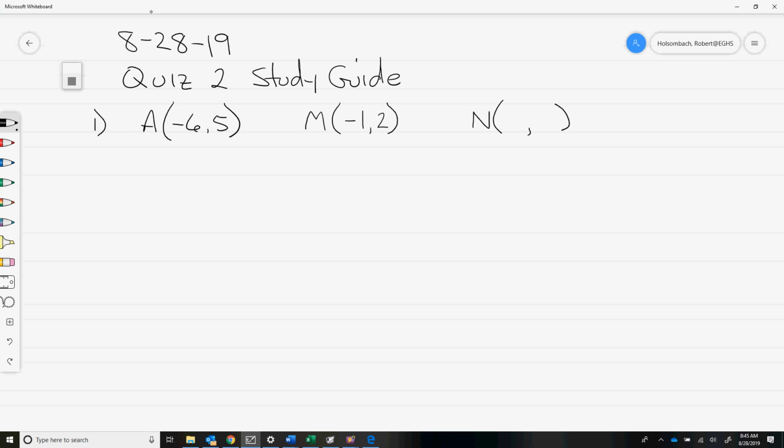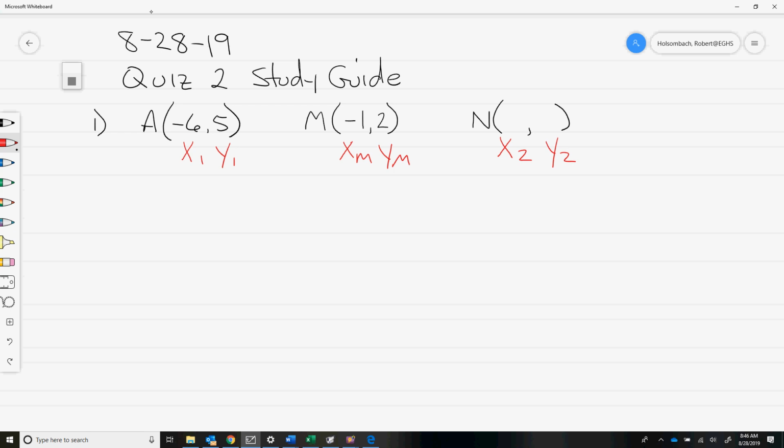And we talked about this yesterday. So the first thing you want to do is label your points. This is your x sub 1 and your y sub 1. This is your x in the middle and your y in the middle. And this is your x sub 2 and your y sub 2. And I gave you the formula yesterday to find an endpoint on the coordinate plane.